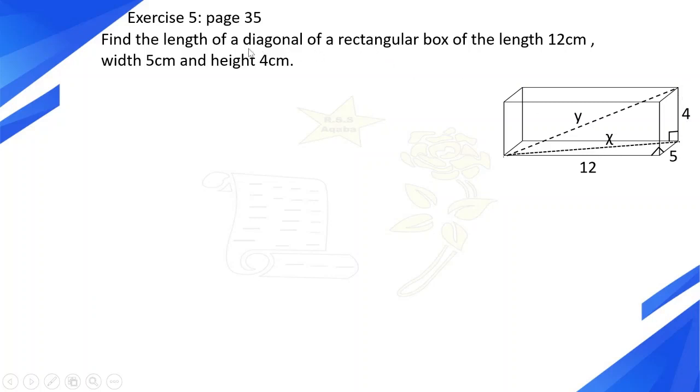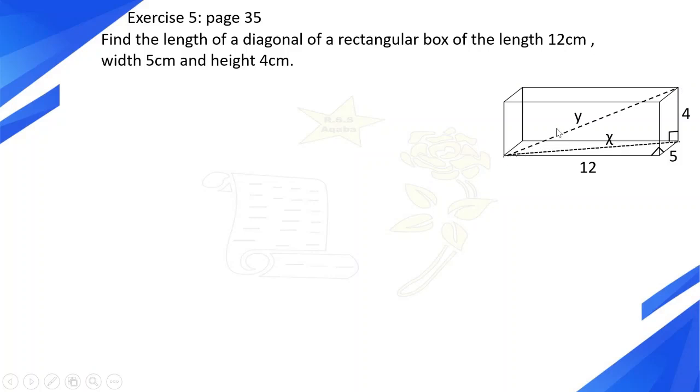Now, the diagonal of the rectangular box is y. This is the diagonal of the rectangular box. It's a line from this vertex, the top of the box, to the bottom of the box, to this vertex.